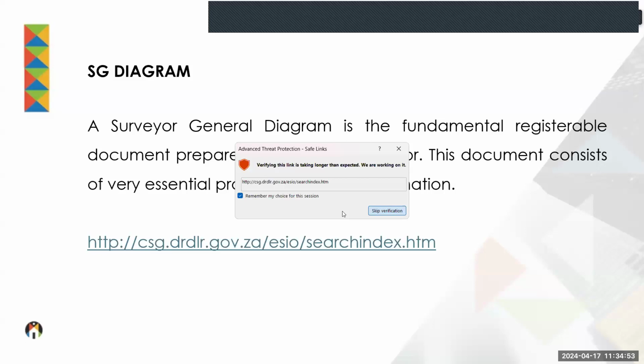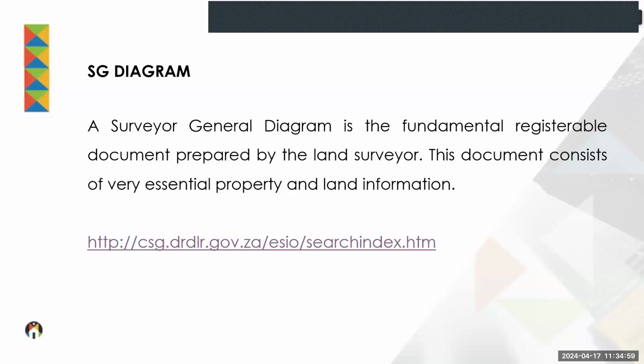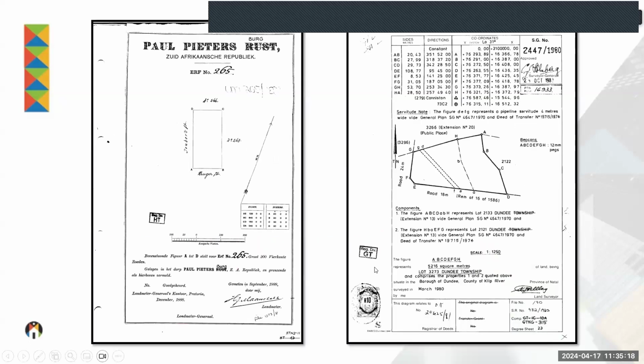Okay. I'm just going to go back to the presentation, but as you can see, there is the URL. If you go in there, it's quite easy. You just select your province, you give the erf number, and then you will basically get a TIFF file with the title, with the SG diagram on it.